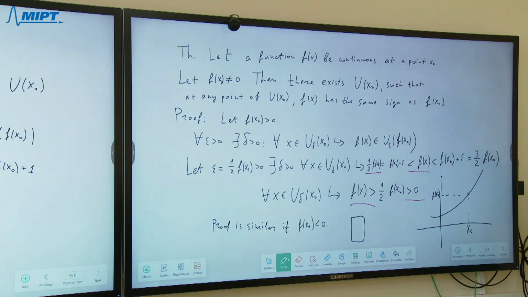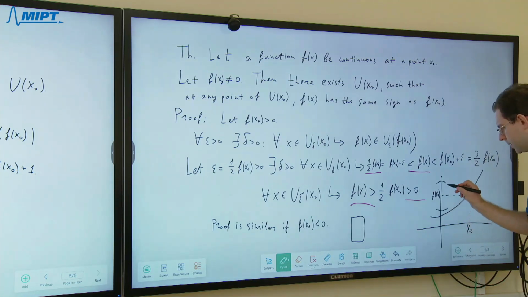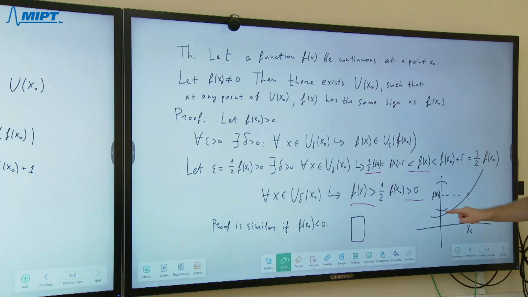I'm choosing epsilon equals 1/2 f of x0 basically to ensure that this epsilon neighborhood of f of x0 stays positive. So this is f of x0 minus epsilon, f of x0 plus epsilon. I'm choosing small enough neighborhood such that all numbers here are positive.